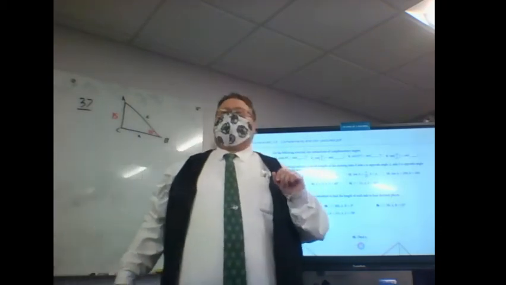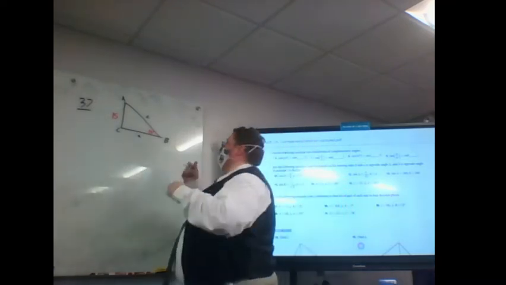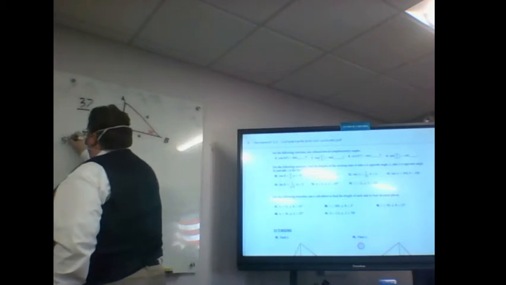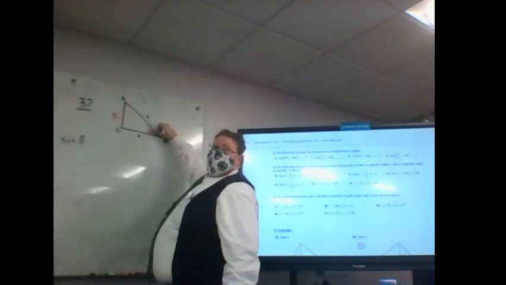So real quick, I'm going to start this problem by listing the different trig ratios. For example, sine of B. And I'm choosing B for this problem because B is the angle I know what it is.